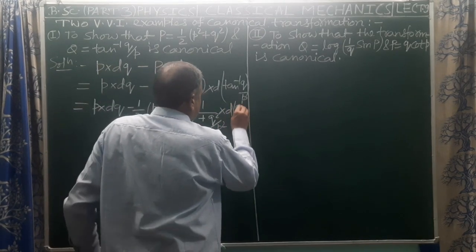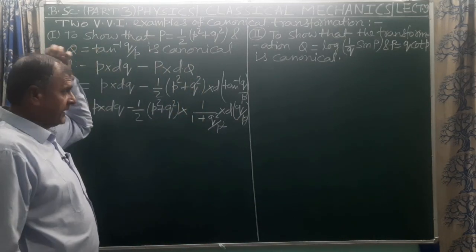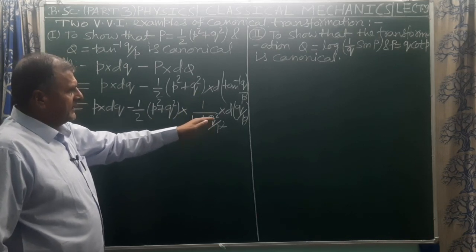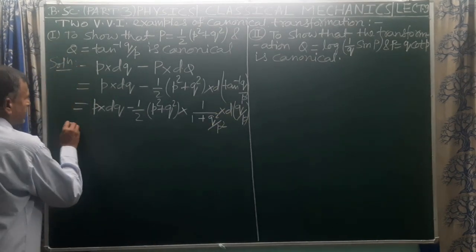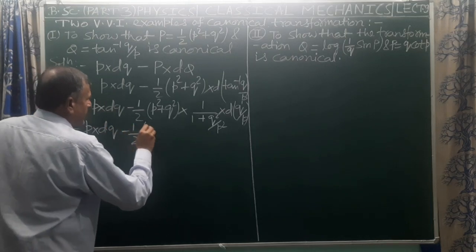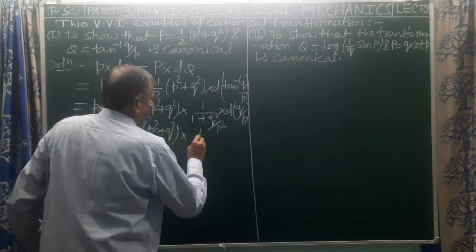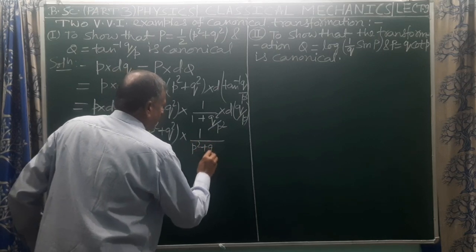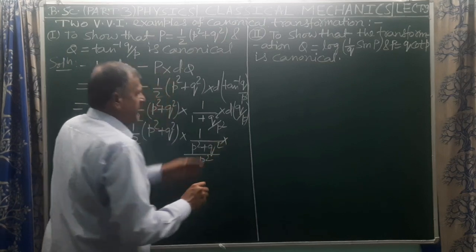So it is p into dq minus 1 by 2 (p square plus q square) multiplied by 1 upon, now LCM is p square, so it is (p square plus q square) upon p square, multiplied by d of q by p.